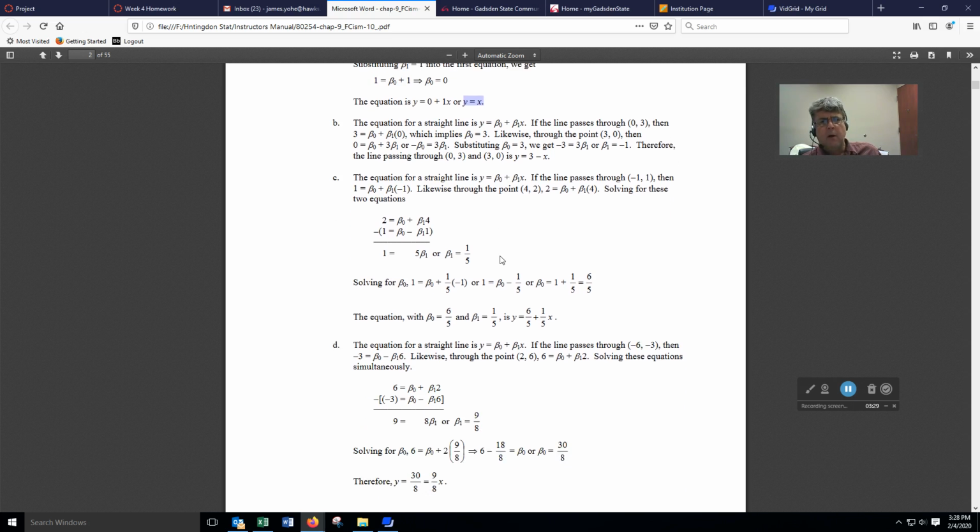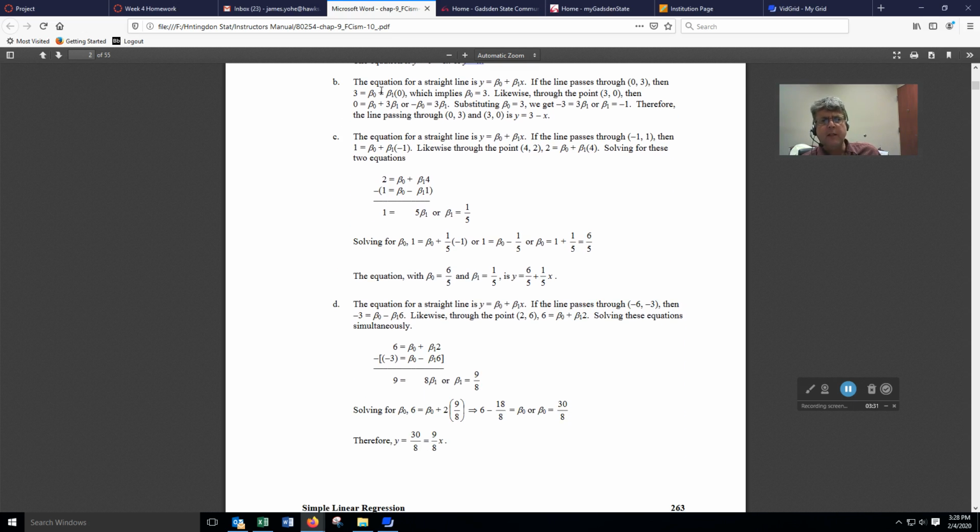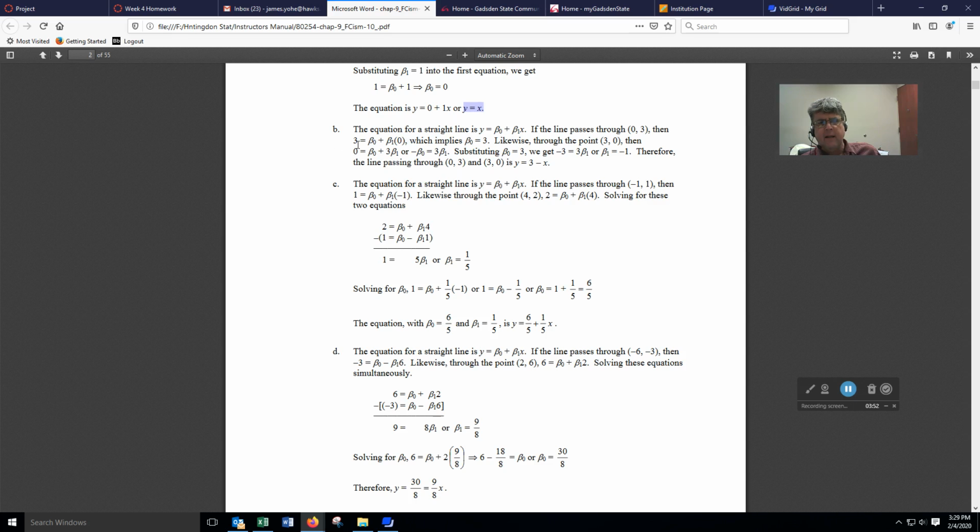Okay. Part B here. The equation for a straight line is y is equal to beta 0 plus beta 1 times x. And then they're going to give us 2 points that the line passes through. The first line passes through (0, 3). So we stick a 0 in for x, the 3 in for y, and I've got 3 is equal to beta 0 plus beta 1 times 0.